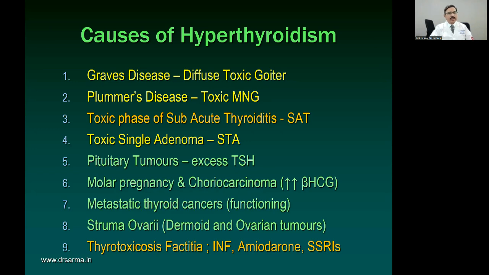Others are secondary. 1 to 4 are primary hyperthyroidism: Graves' disease, diffuse toxic goiter, toxic multinodular goiter or Plummer's disease, toxic phase of SAT, and toxic single adenoma. Primary pituitary tumors produce excess TSH, thereby the gland is whipped with the TSH.